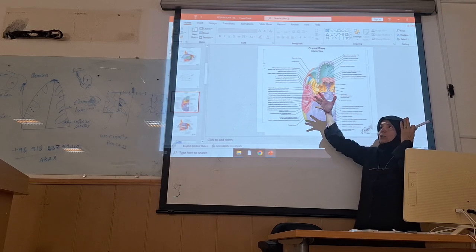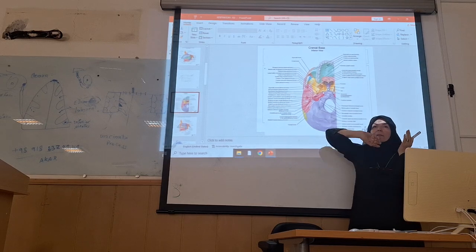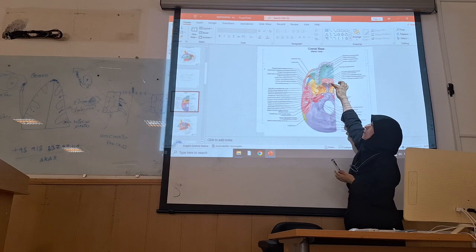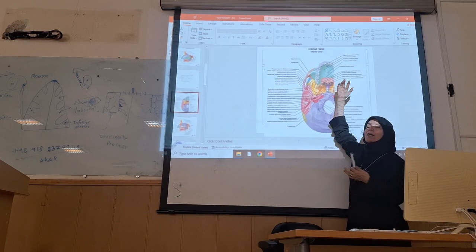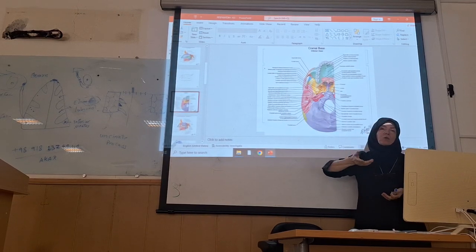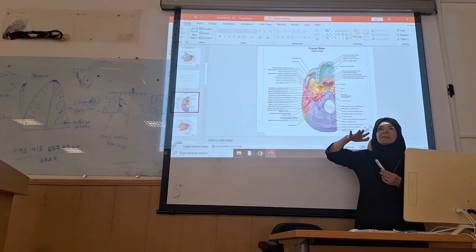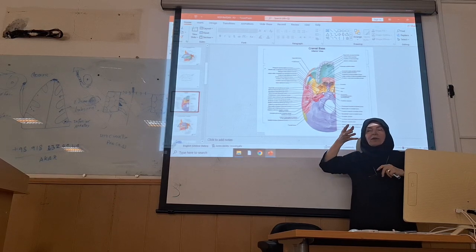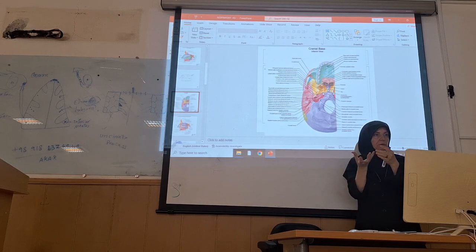And this picture is rotated. Here is superior, but in anatomical position, in reality, here is inferior. Do you get that? I rotated it. Imagine here we have an opening. In this picture, I rotated it, so the inferior goes up and the superior comes down.